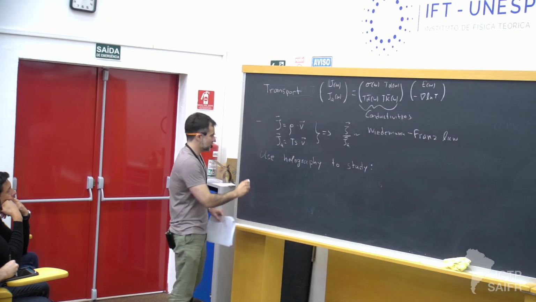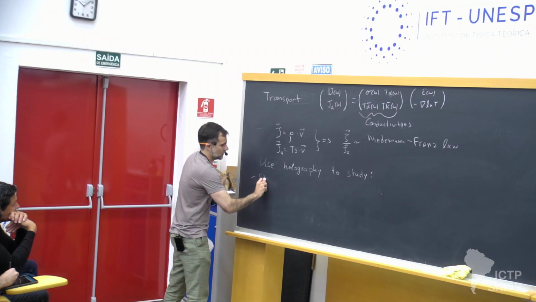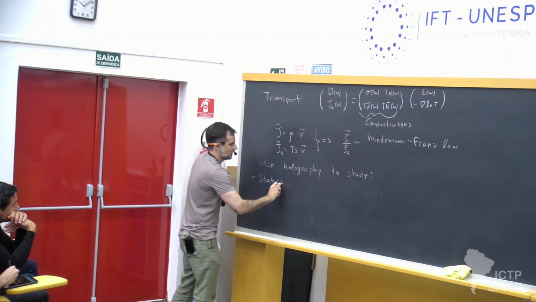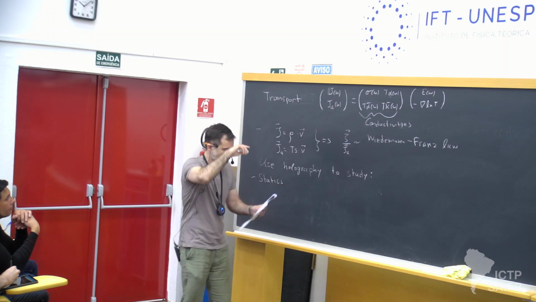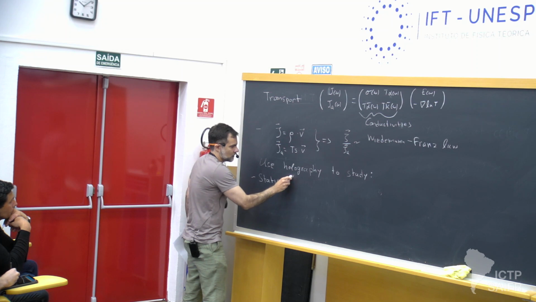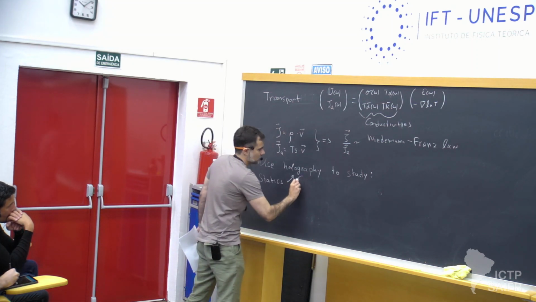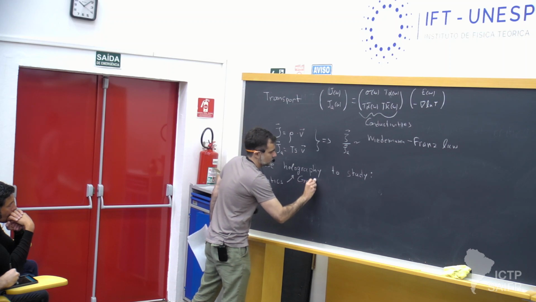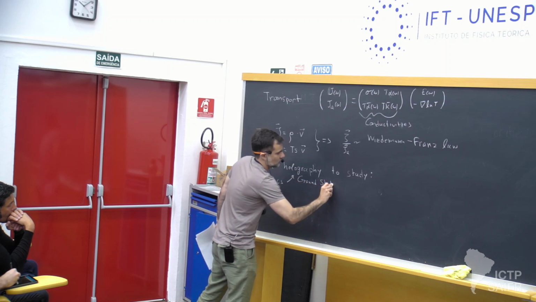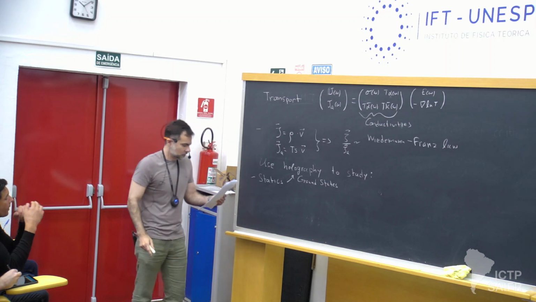So the first one is the statics. Okay, I talked about ground states. I talked about phase transitions. So looking at static configurations in holography will give me new ground states, and we will have a look at that.